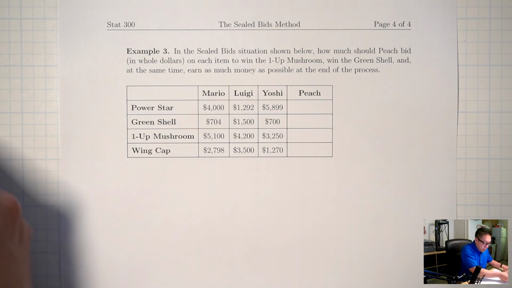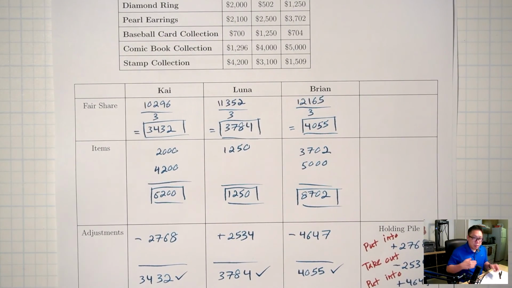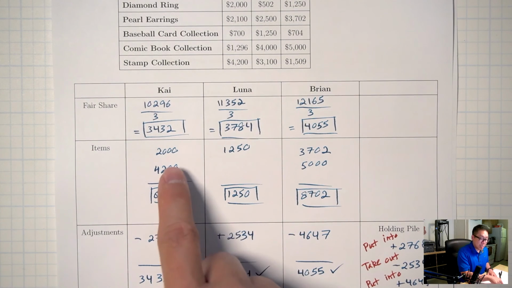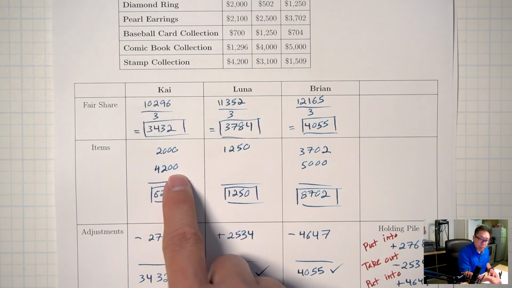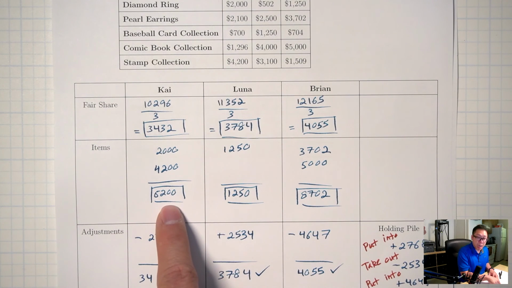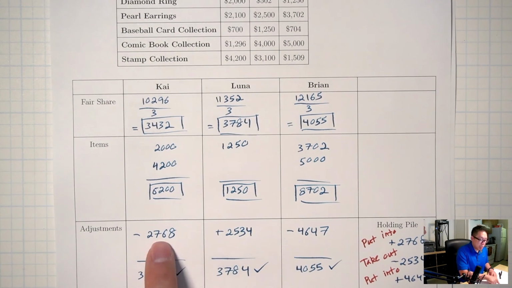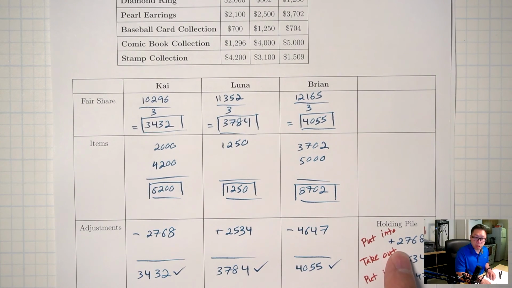Well, remember that in the sealed bids method, if you are the highest bidder, you're going to get the item, right? But you don't want to bid too high. If you bid too high, the number here is going to be big, which means you're going to have to pay a lot into the holding pile, which you don't want to do.